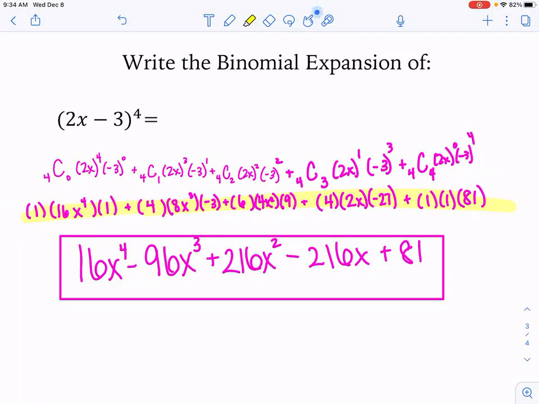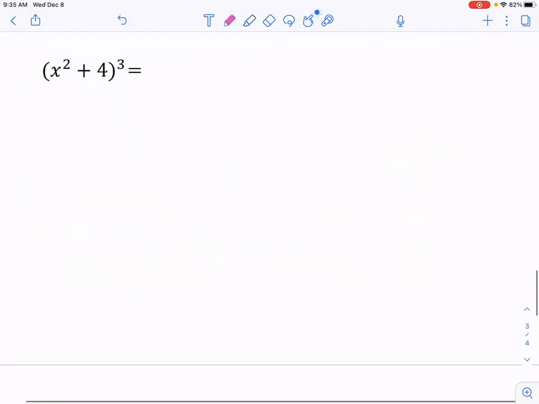You could go from here to here and I'd be fine. However, especially so that I can understand that you understand, I do at the very least need to see the setup with your answer. I can't just have an answer. I know you're going to do a lot of work in your calculator, but I do need to see the setup, okay? So let's try another one.